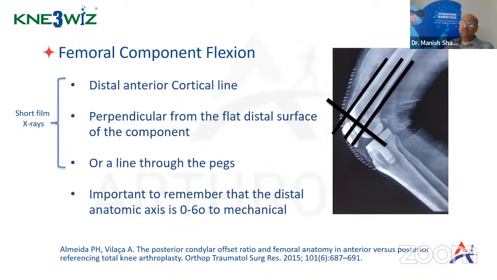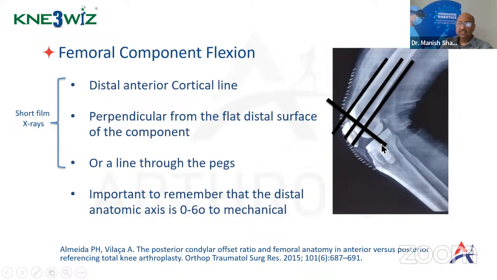But for a femoral component flexion, how do we measure on a short film? It's the distal anterior cortical line, or a perpendicular from the flat distal surface of the component, or a line through the pegs. This is the line through the pegs.